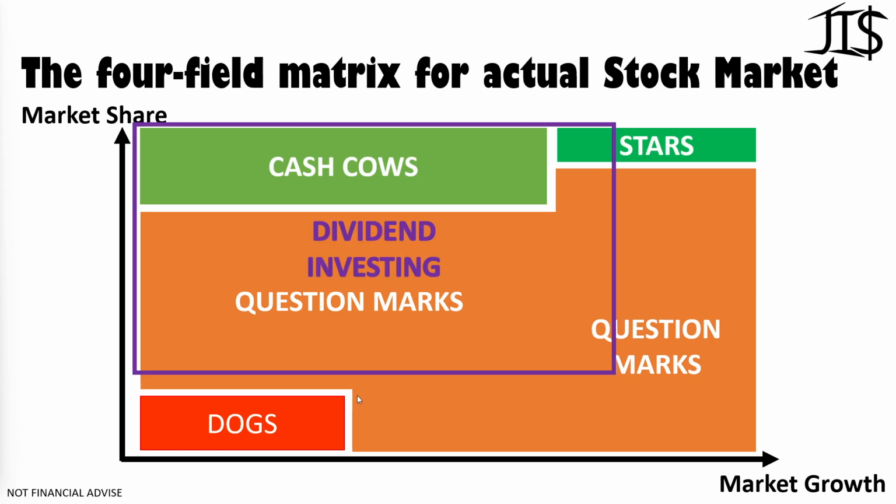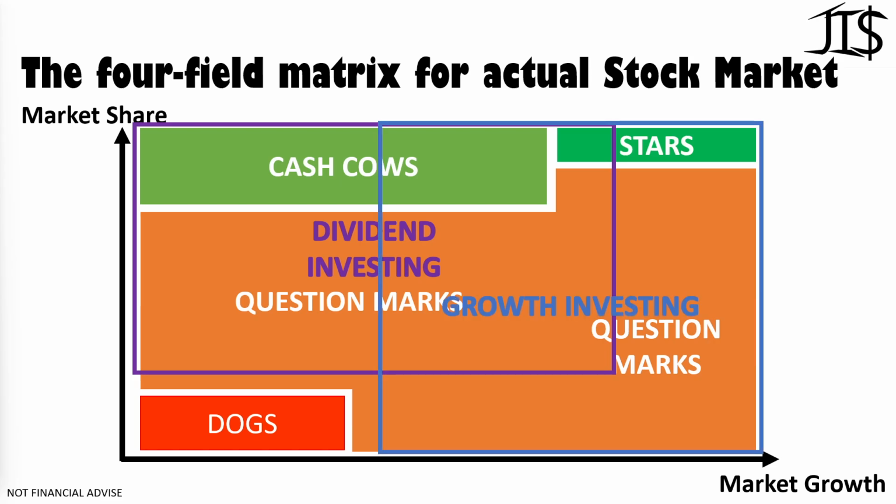And once again, dividend investing is in this region, the growth investing is in that region, and the dividend growth investing is still in that region. So that doesn't change, but you see all the regions, all the investing groups, in fact, contain way more question marks than everybody actually wants.